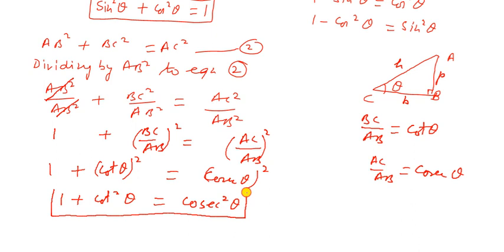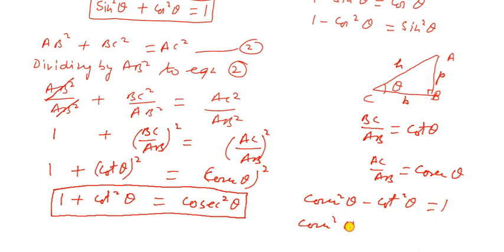So it is your second formula. Now come to the next formula, that is cosec squared theta minus cot squared theta is equal to 1. Or you can say cosec squared theta minus 1 is equal to cot squared theta.